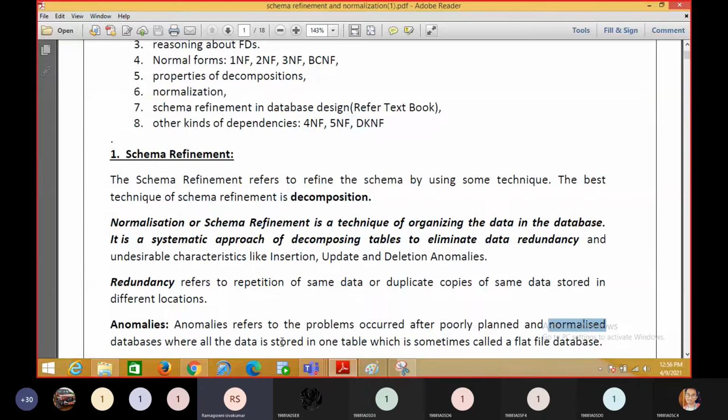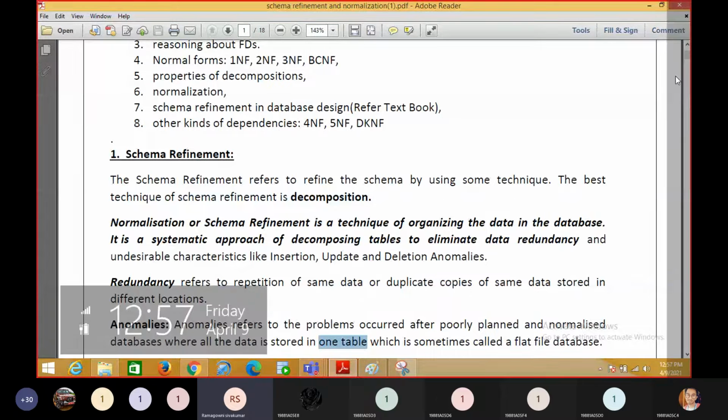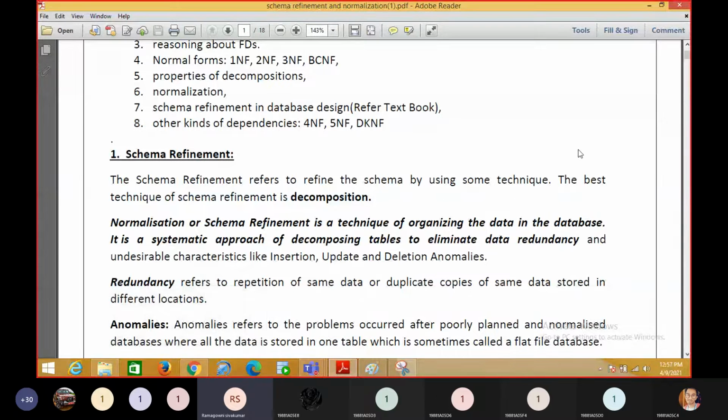Poorly planning the normalization means you are storing all the data in one table, which is sometimes called a flat file database.